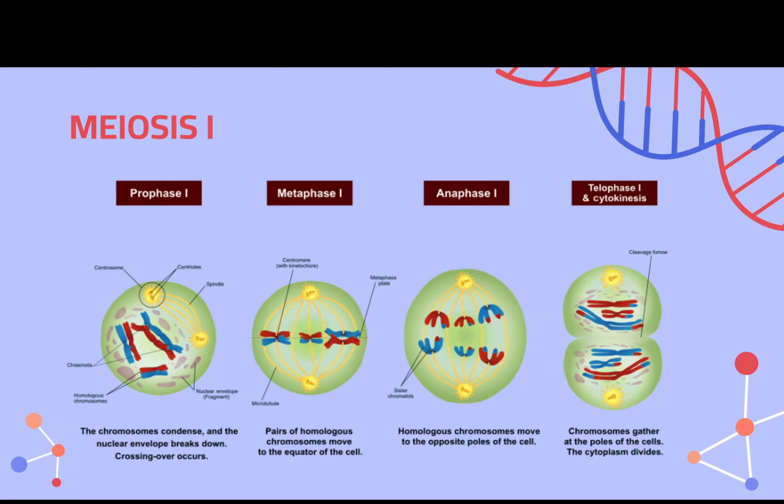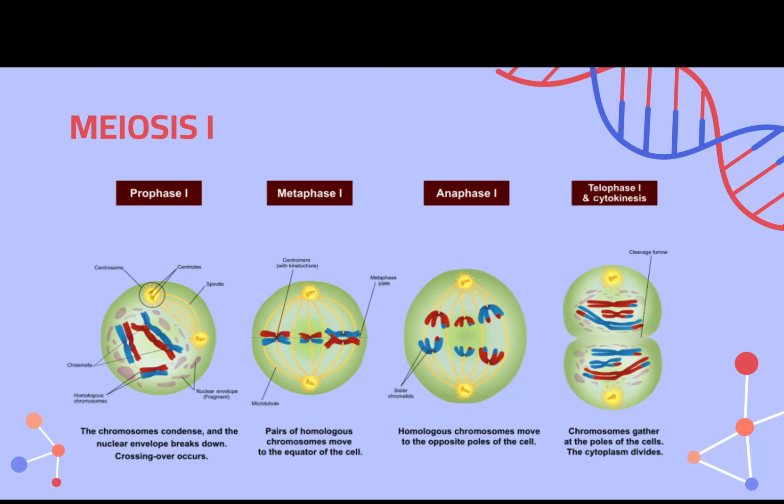Like I said, chromosomes condense, and then in metaphase 1, those condensed chromosomes and the pairs of homologous chromosomes move to the equator of the cell. While they do this, the centrosomes will move to the opposite sides of the cell during prophase 1, and then in metaphase 1, they will release spindle fibers or microtubules that will attach to the pairs of homologous chromosomes.